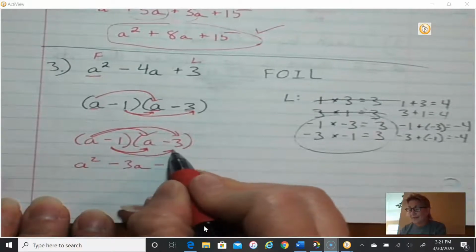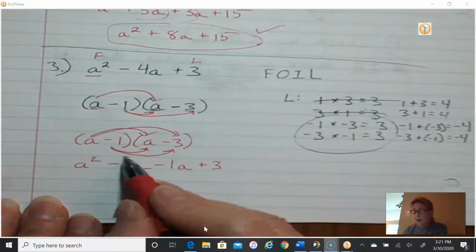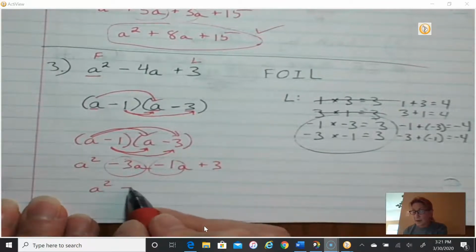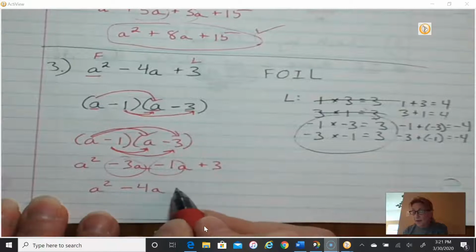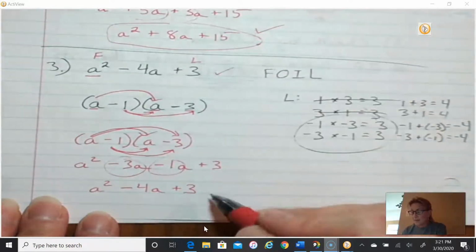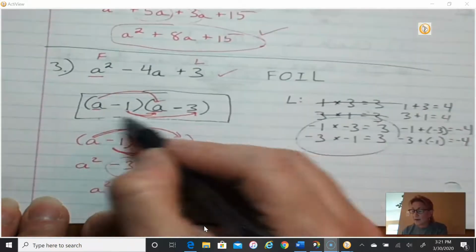And -1 times -3 is a +3. Combine our like terms, and I have a squared minus 4a plus 3. That checks. So then this is my correct answer.